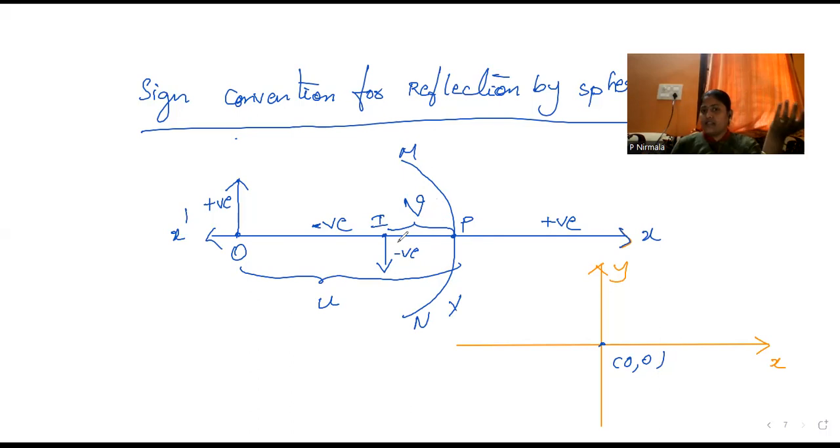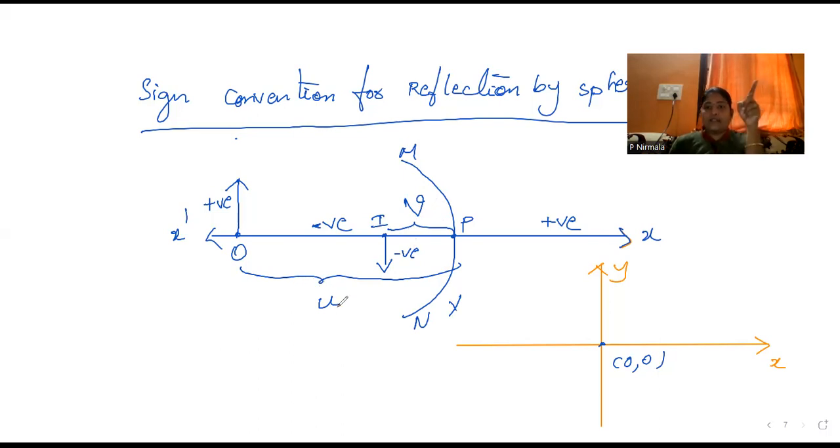Left side of the x-axis is what? Negative. They won't give positive or negative signs with the u and v values, object distance and image distance, in your problems. You have to take that in 99% of cases the object is kept on the left side. So the object distance is negative.